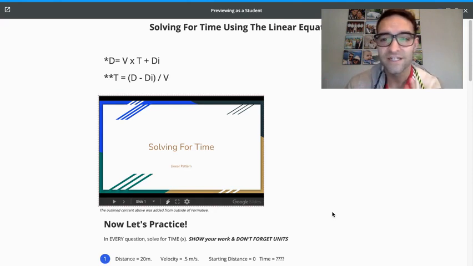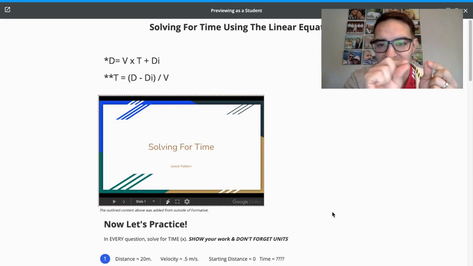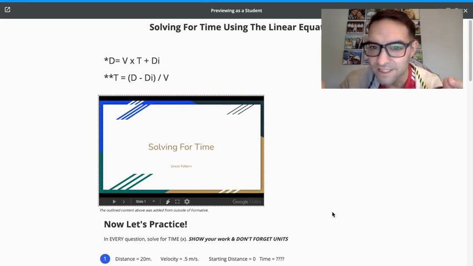Another way of saying that is your speed stays the same. Picture you're in a car, going 20 miles per hour through a school zone. Okay, that's a normal speed limit for a school zone. And that entire time you're going 20 miles per hour. That is your constant velocity.